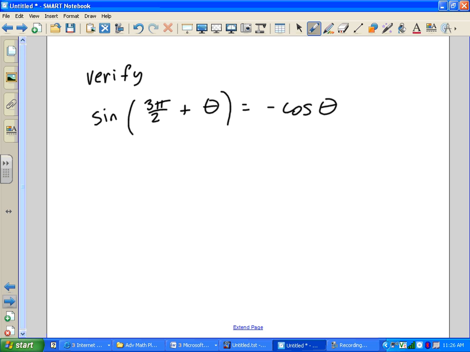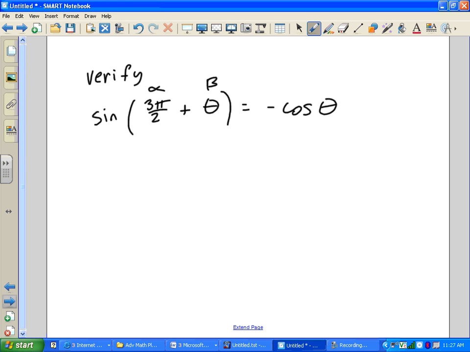Now, do you recognize what identity here to use? The sine of A plus B, or alpha plus beta, okay? And so we would probably call the 3 pi over 2 the alpha, and then the theta we would call the beta.